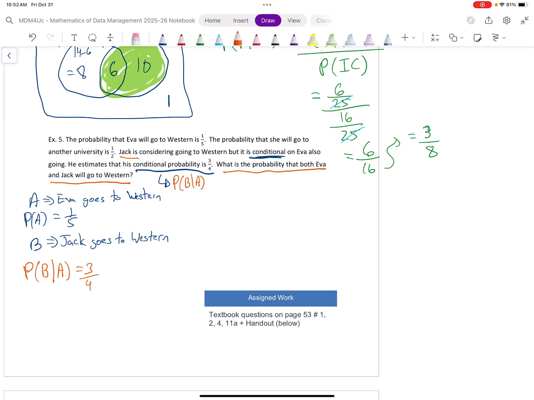And what they're asking for in this scenario is the probability that both Eva and Jack will go to Western. If you think of that in the notation, this is the probability of A and B. Both are going to go, and so this is my and part. Both things are happening.